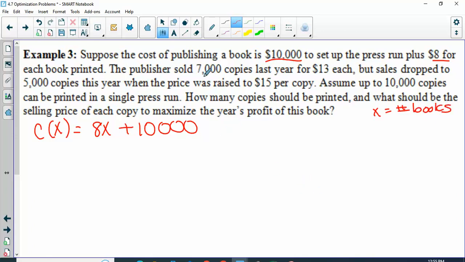The publisher sold 7,000 copies last year for $13 each. So if I write that as an ordered pair, my number of books was 7,000, and the price, my y, was 13. Sales dropped to 5,000 copies this year when the price was raised to $15 per copy.